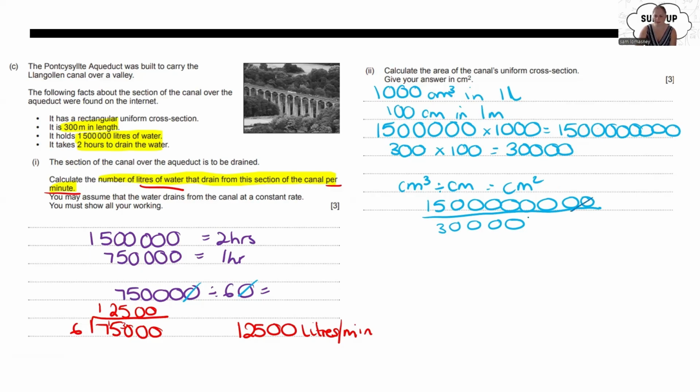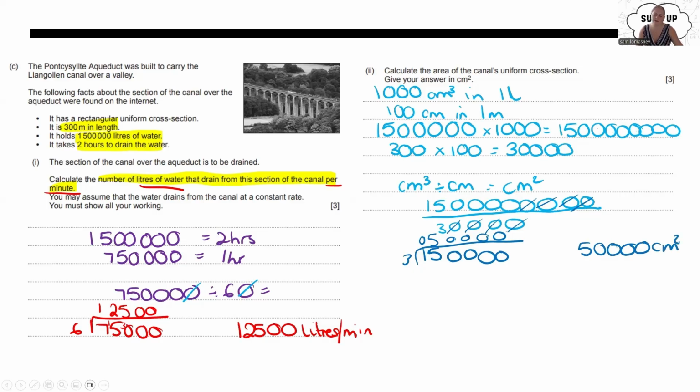So divide by 10, divide by 10, divide by 10, divide by 10. That's it, can't do any more. So I've actually got 125,000 divided by 3, which gives us 50,000. There you go. And that's centimetres squared.